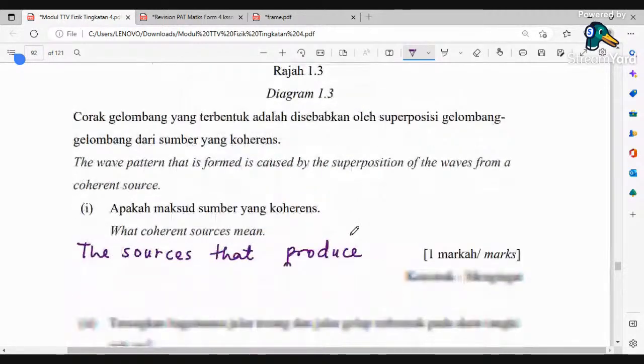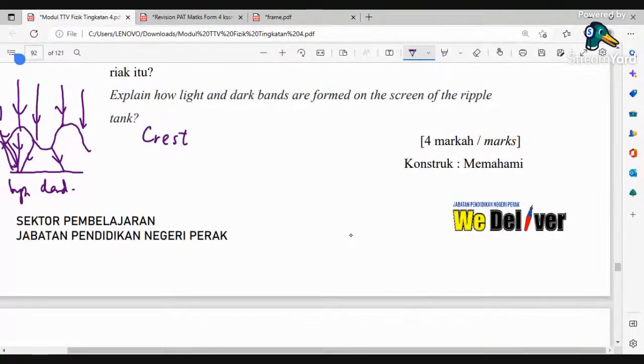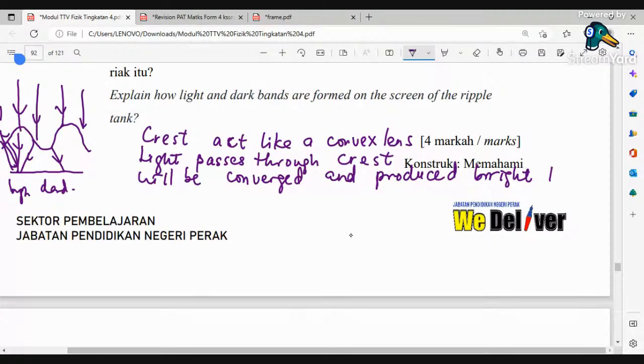Okay, so you explain using that one. Like convex, light passes crest will be converge, and bends.